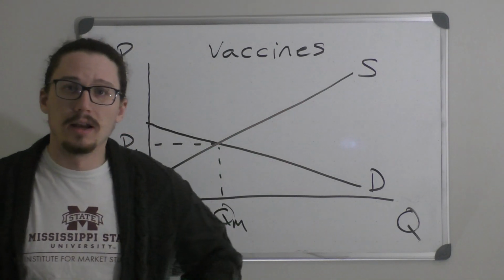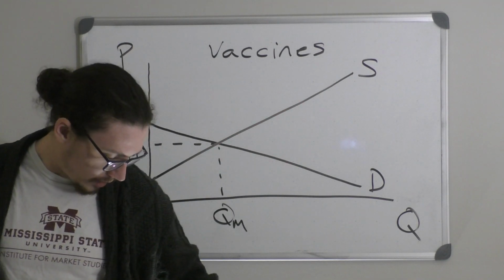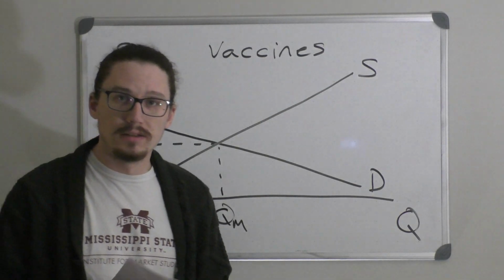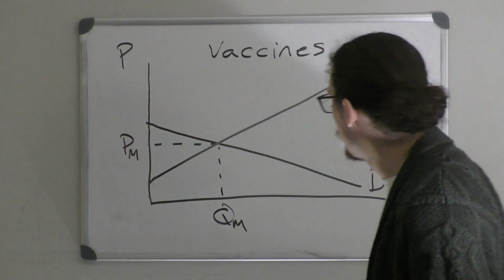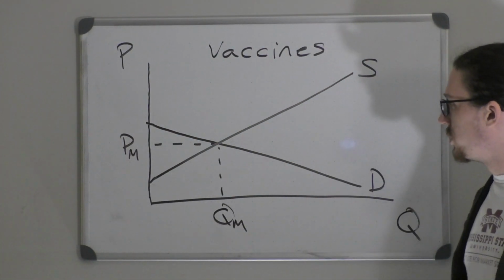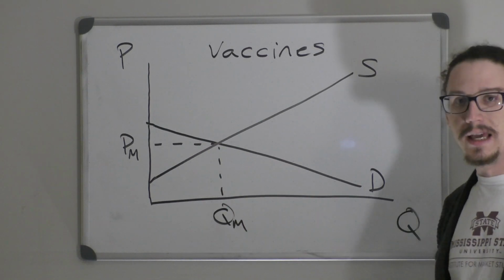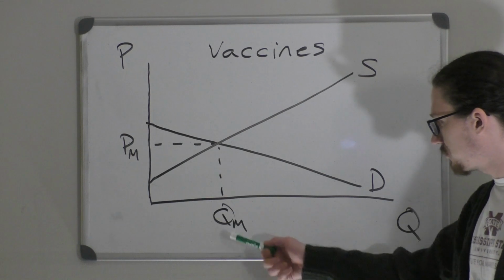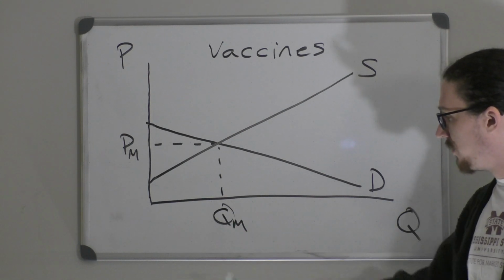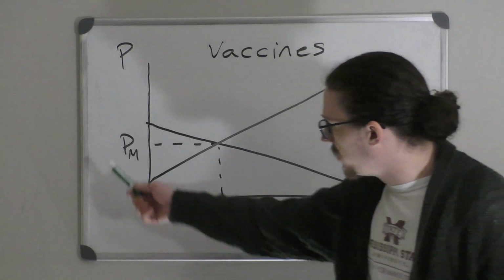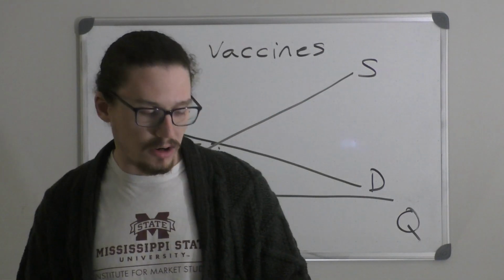All right, so just like with our negative externality graph, here we're starting with vaccines, the market, if we are left to our own devices, if we just let the market do what it does, then we're going to have our market equilibrium where our supply and demand intersect.